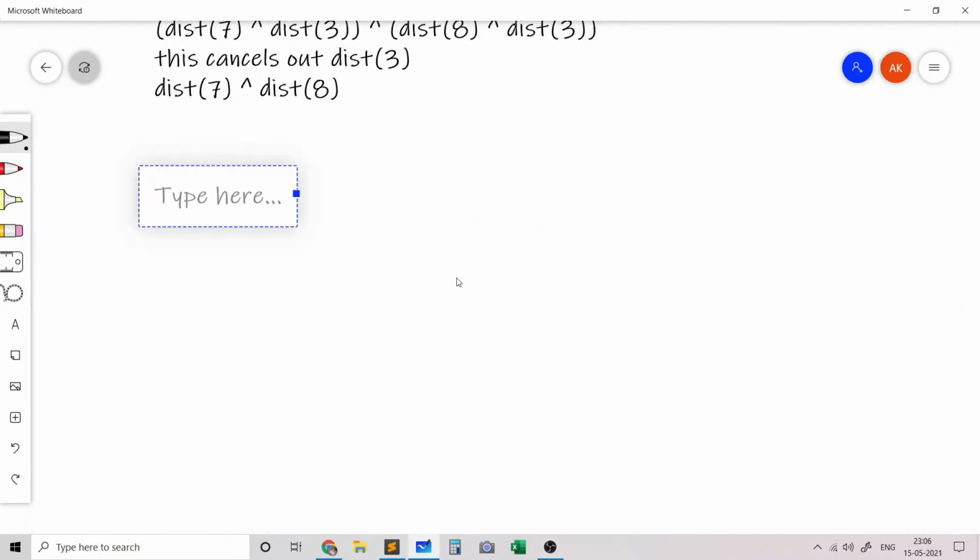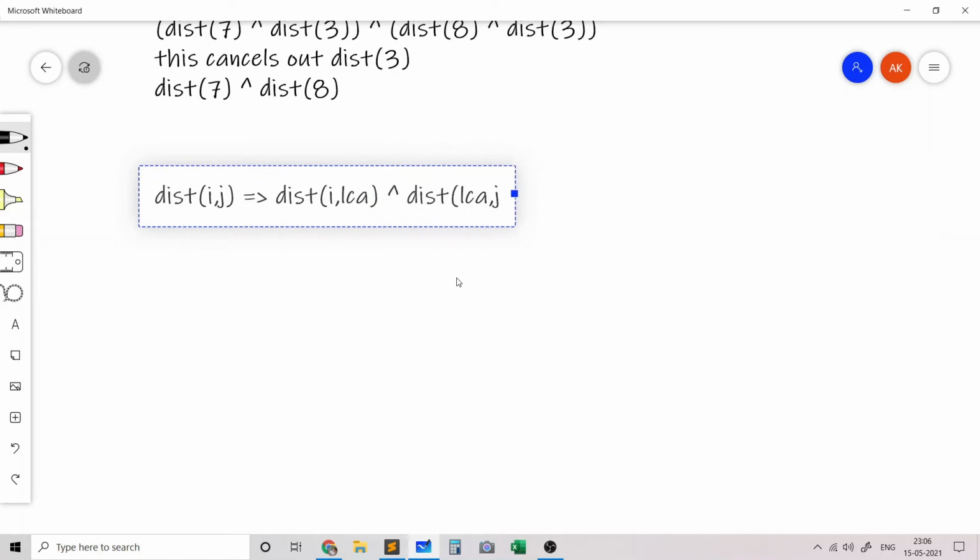So let's look at the general case when we want to find distance of i to j. This would just be the distance of i to the LCA XOR with the distance of the LCA to j, where the LCA is the lowest common ancestor of i and j.